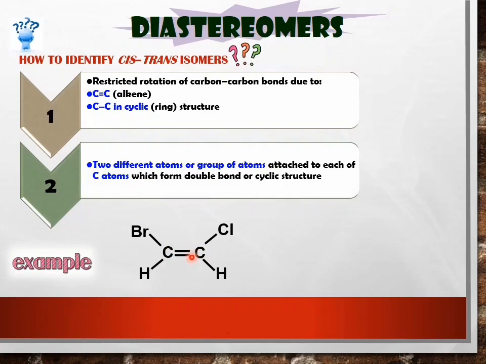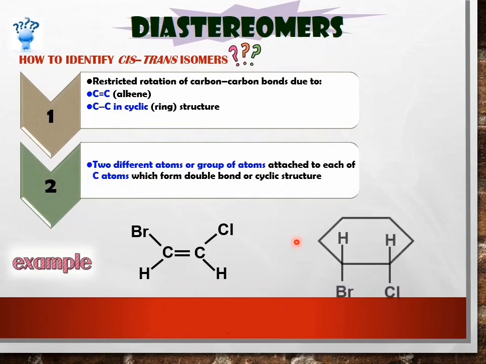And at the same time, this carbon has two different atoms: it is bonded to a bromine atom and a hydrogen atom. So this is criteria number 2. Also, this carbon bonds to two different atoms: a chlorine atom and a hydrogen atom. So this compound already fulfills the criteria of a cis-trans isomer.